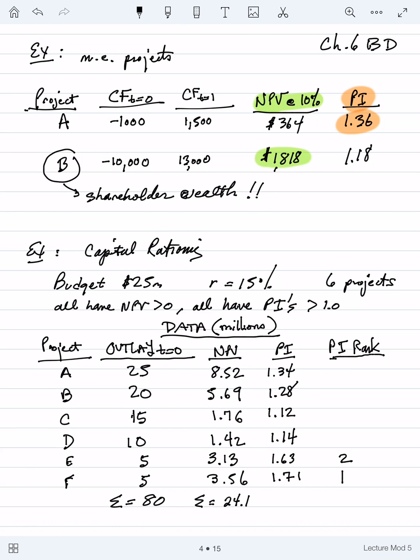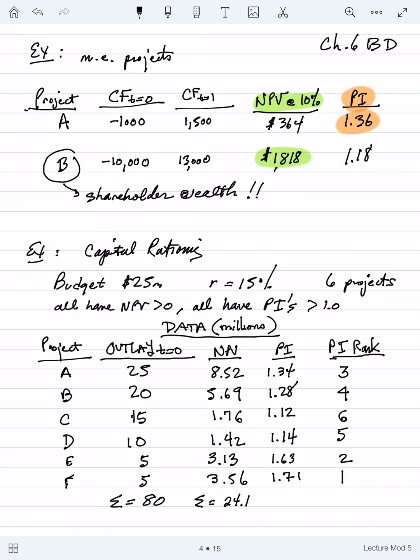Third is A. Then B is actually fourth, D is ranked fifth, and C is sixth. If you have capital rationing, it's going to be a different decision than when you don't have to worry about rationing. Basically, you would accept all these projects and spend 80 million to generate new wealth of 24.1 million, but you have a budget constraint of 25 million.